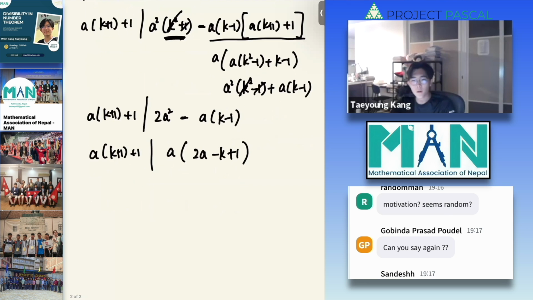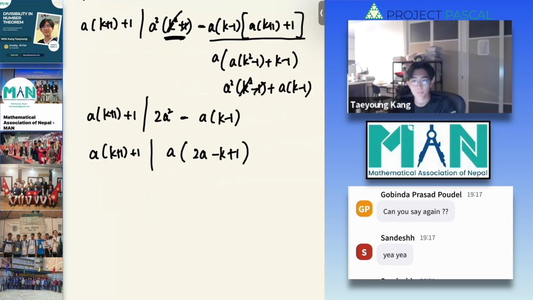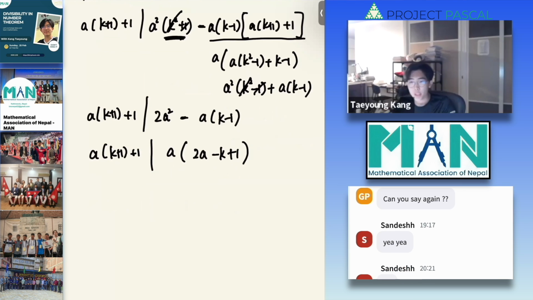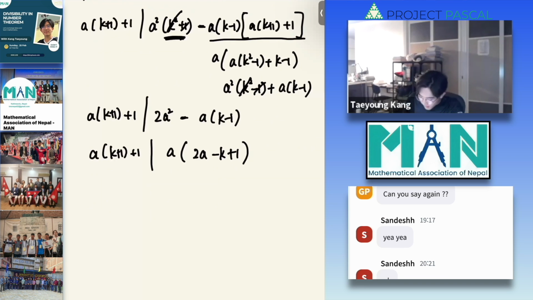But what's the key observation right now? The key observation is that this thing here is coprime to A. Do you guys get why it's coprime to A?